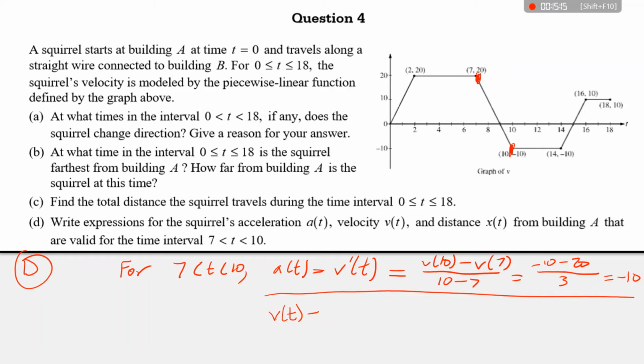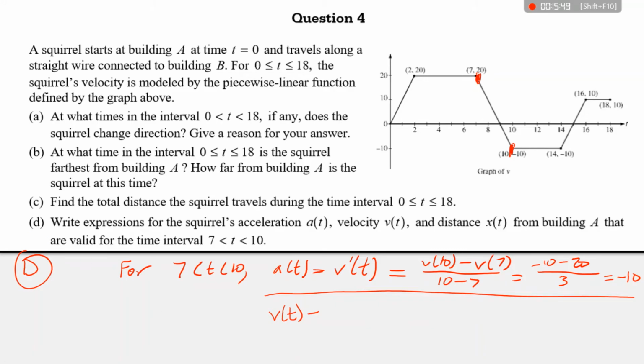So this is y, that's v(t), minus... Wait, why did it stop? It stopped to me. Your picture's frozen, you mean? Yeah.